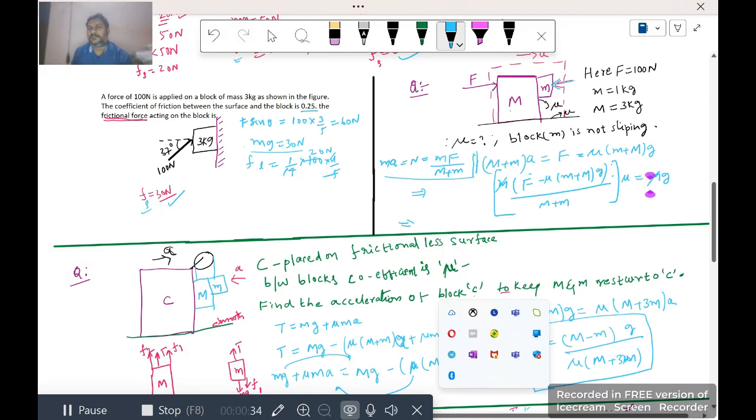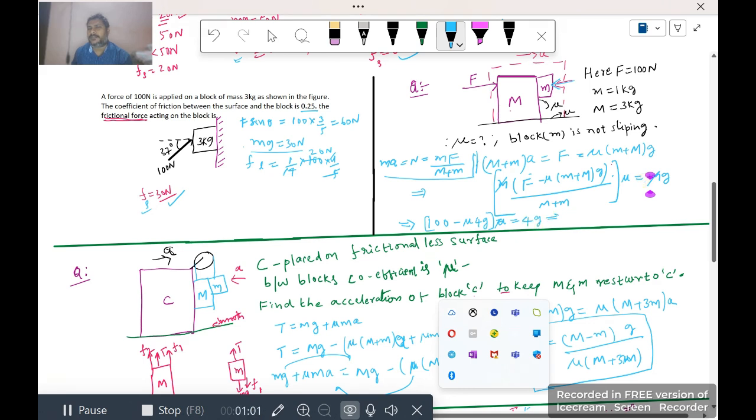So you will get F is equal to 100 minus... Mu we are going to find out. Mu into 4g is equal to mu again. So into mu is equal to 4 into g.